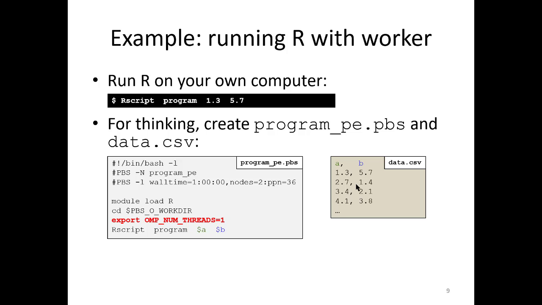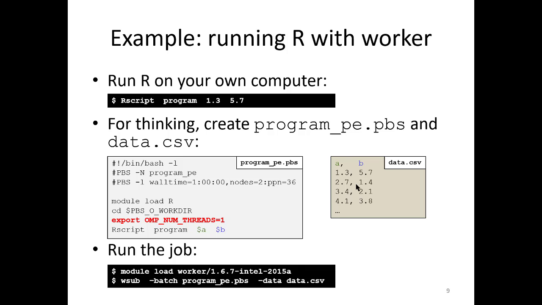This is really crucial, because otherwise you might have, say, 36 instances of R running, and each of these 36 instances would try to use 36 cores, and all execution would crawl because you're massively oversubscribing the 36 cores in that particular machine.